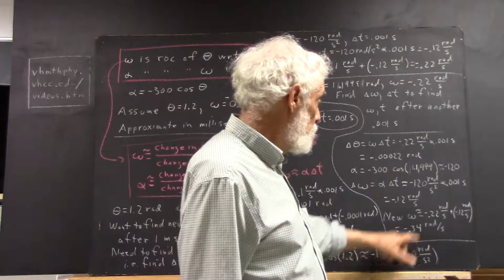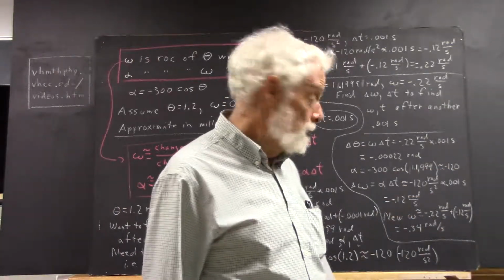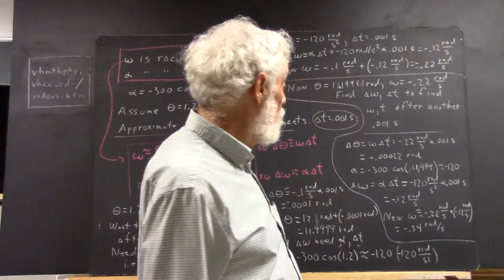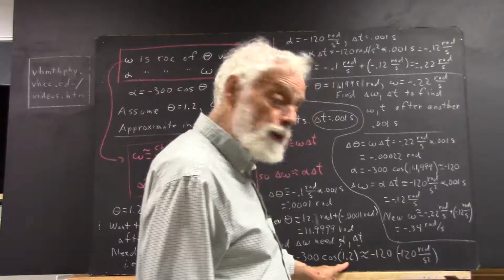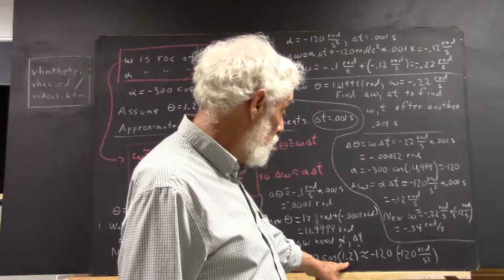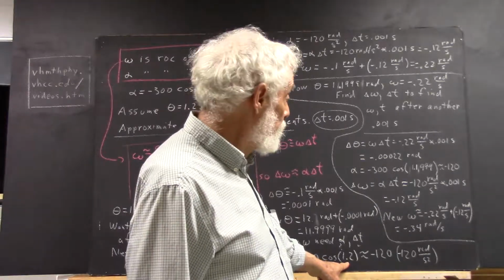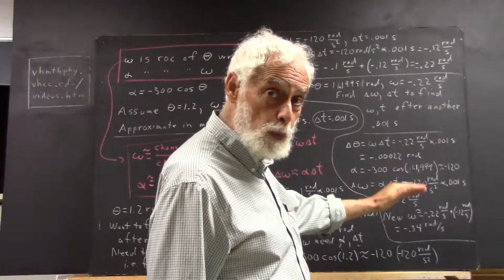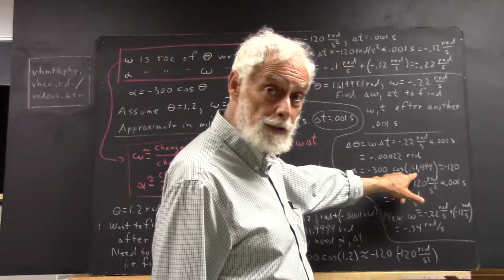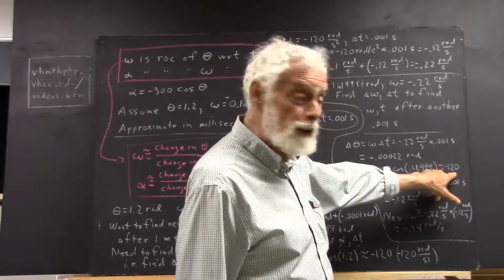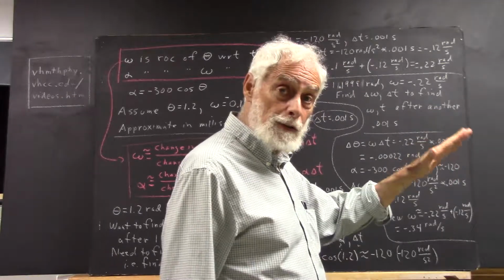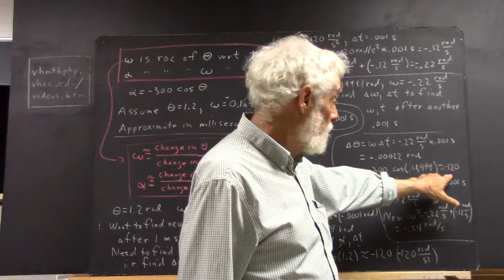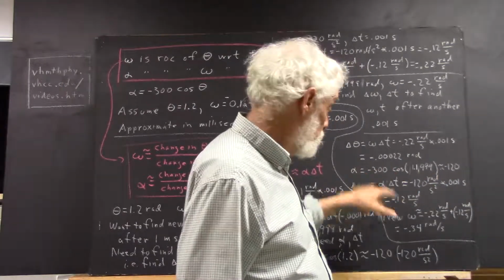This negative 120 radian per second squared alpha value won't change much until the value of theta starts changing significantly. Okay, not much difference between this and this. But when that angle starts changing more significantly, this result is going to come up closer to 300.